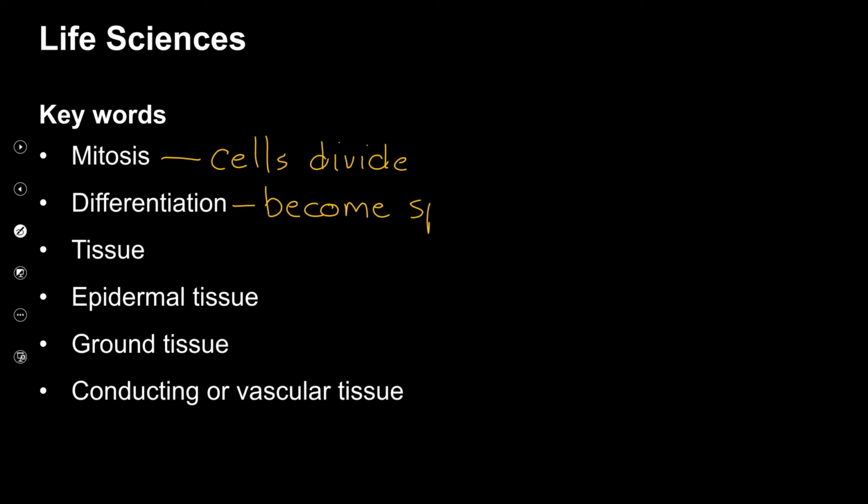When they become specialized so that they can carry out a particular function. And when a whole lot of cells become specialized to carry out a function, they form a tissue.